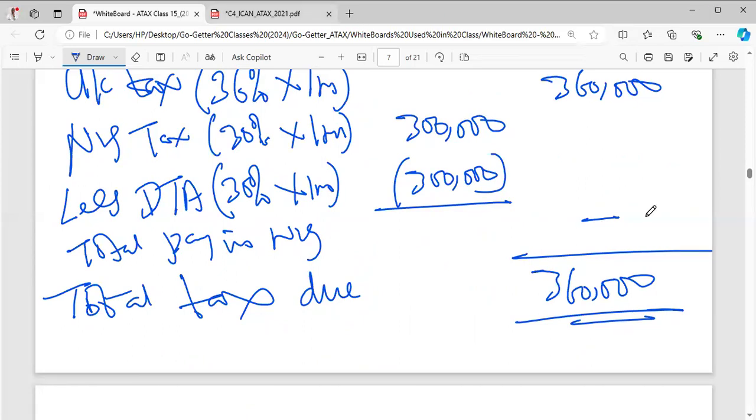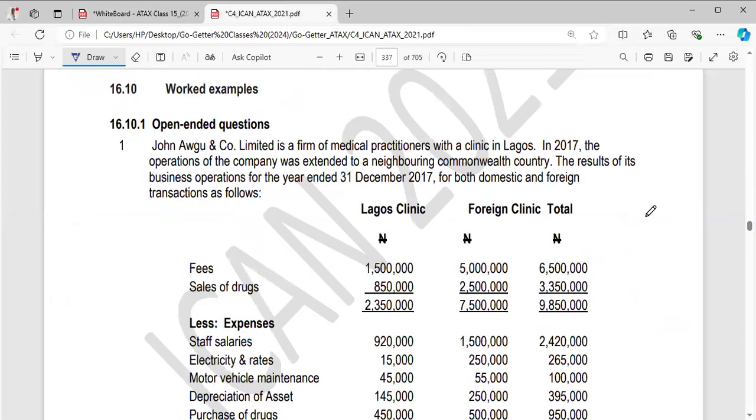Now let's look at this question. It's an open-ended question. John Ogu and Co. Limited is a firm of medical practitioners with clinic in Lagos. Okay, so this is domiciled in Lagos. In 2017, the operations of the company were extended to a neighboring country.